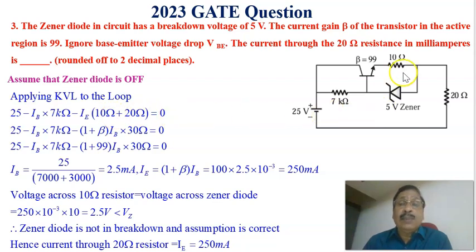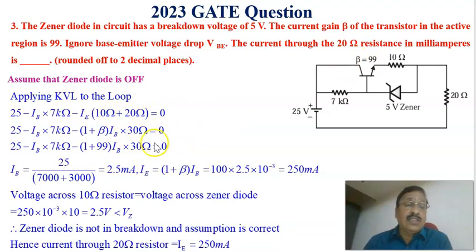The emitter current is IE equal to IC plus IB, beta times IB plus IB, or 1 plus beta times IB. So 1 plus beta times IB, that is IE, into the 30 ohms is equal to 0.